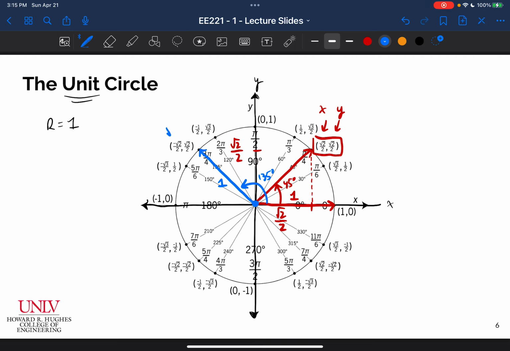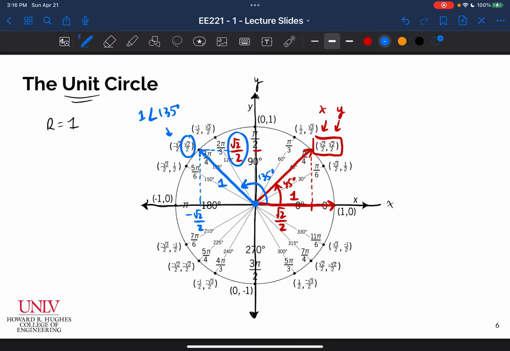So if I wanted to represent this point in polar, I would write 1 angle 135, just like that. But if I want to write it in x, y terms, my x coordinate, now that I'm on the negative x-axis, you can see, is going to be negative root 2 over 2. And my y coordinate is still root 2 over 2, which is exactly what I see.